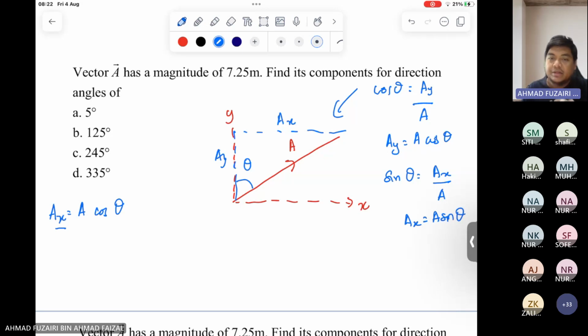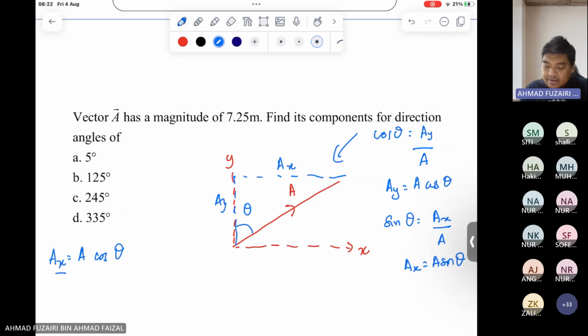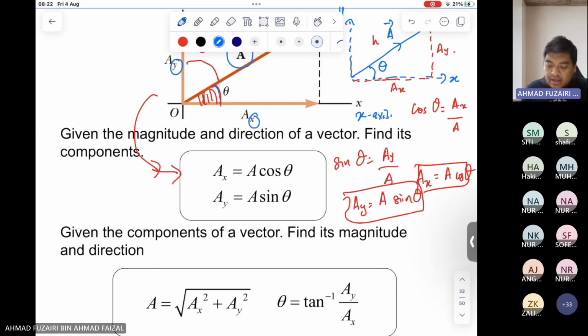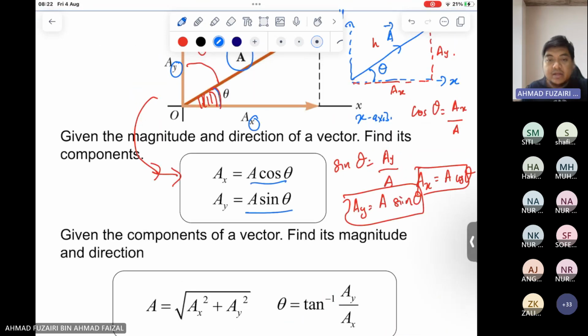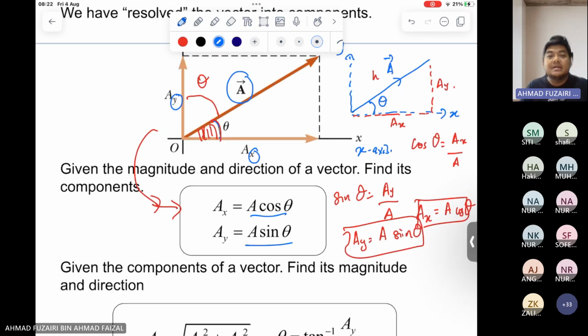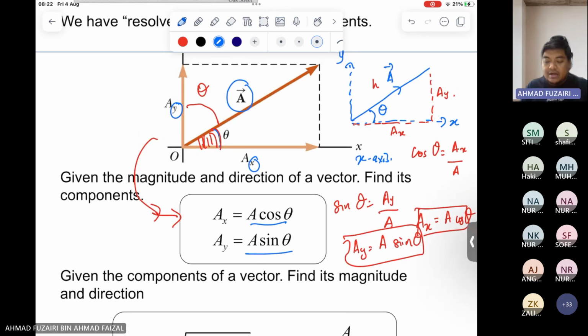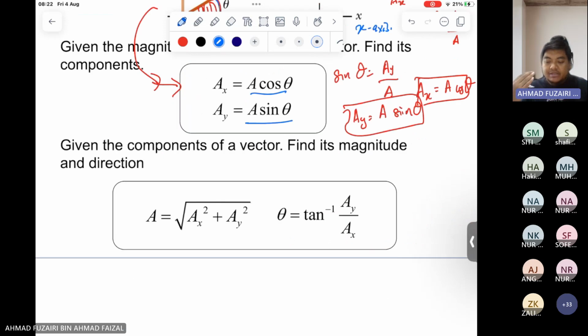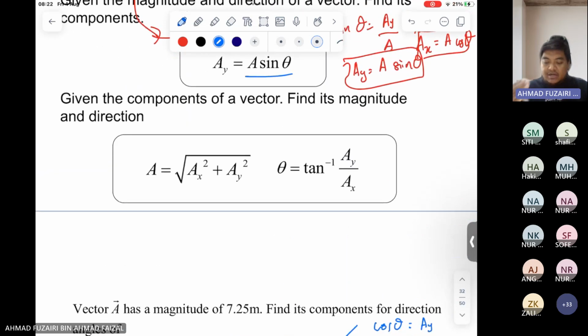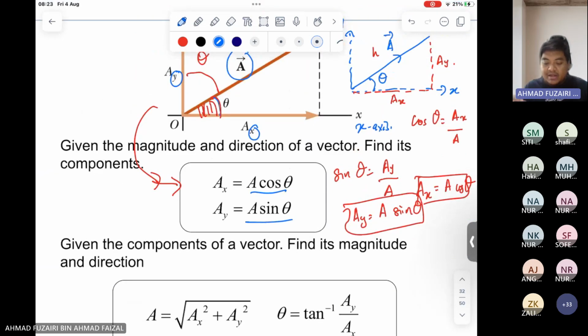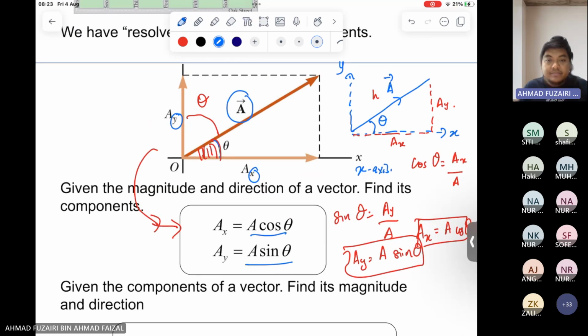Sama tak dengan yang tadi? Tak sama. Yang tadi AX A cos theta, AY A sin theta. Sebab apa? Ini apa yang berlaku sebab kita selalu ditipu dengan angle itu. Ini pembaharuan yang saya nak ajar pada kamu supaya jangan hafal asal X je A cos theta, asal Y je A sin theta. We should look first at the angle.